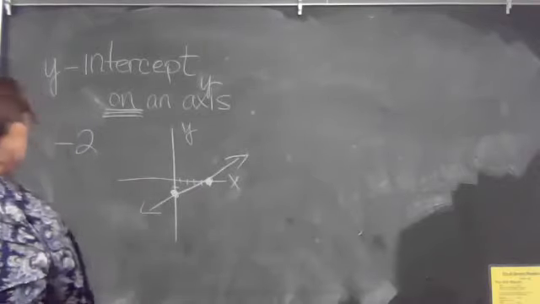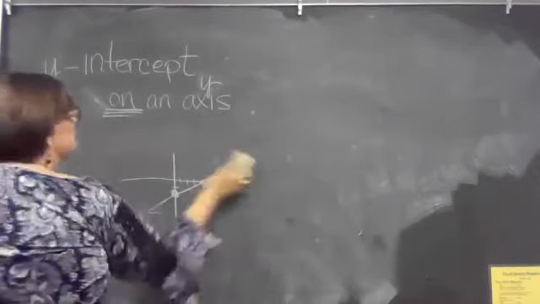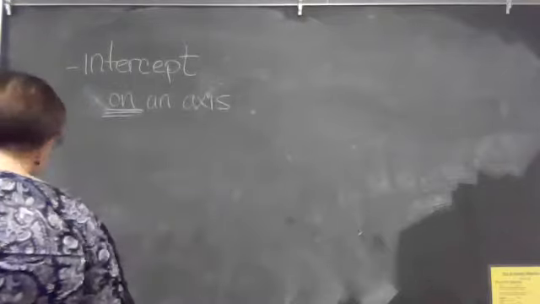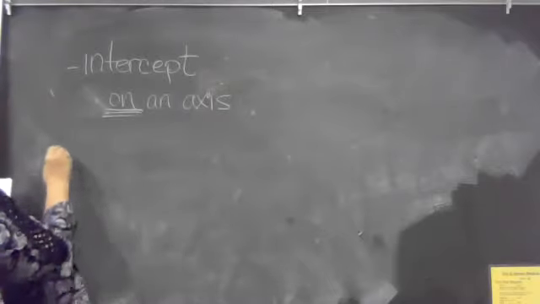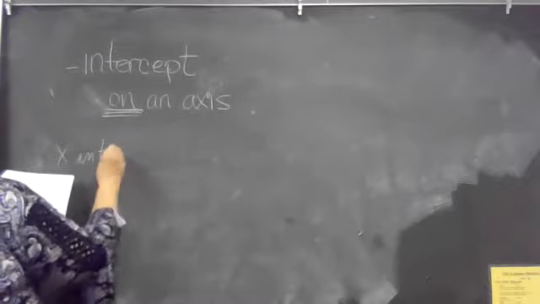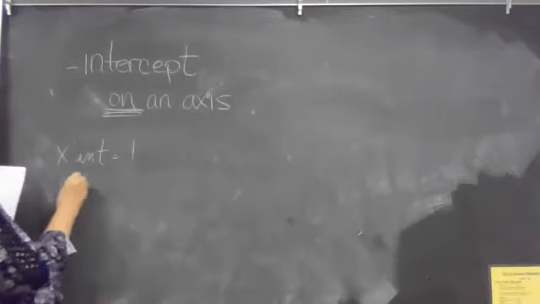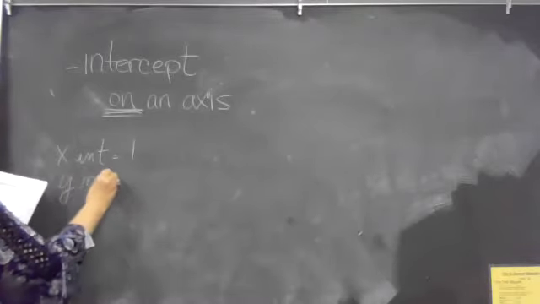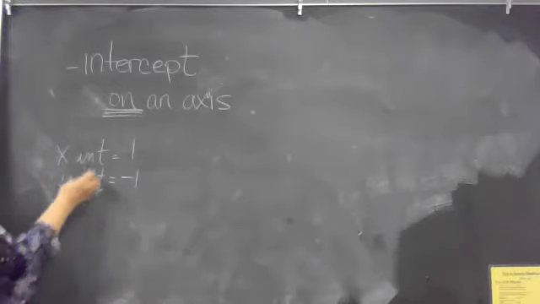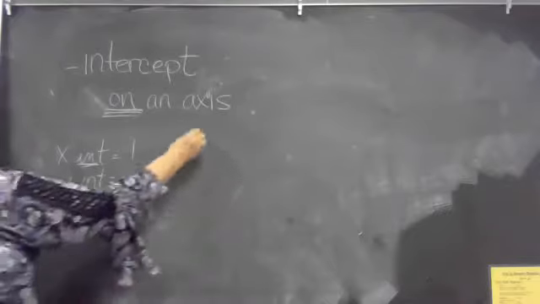So let's look at number 1 and do it. It says that the x-intercept is 1 and the y-intercept is -1. Since they're intercepts, you know that we're going to be plotting on an axis.